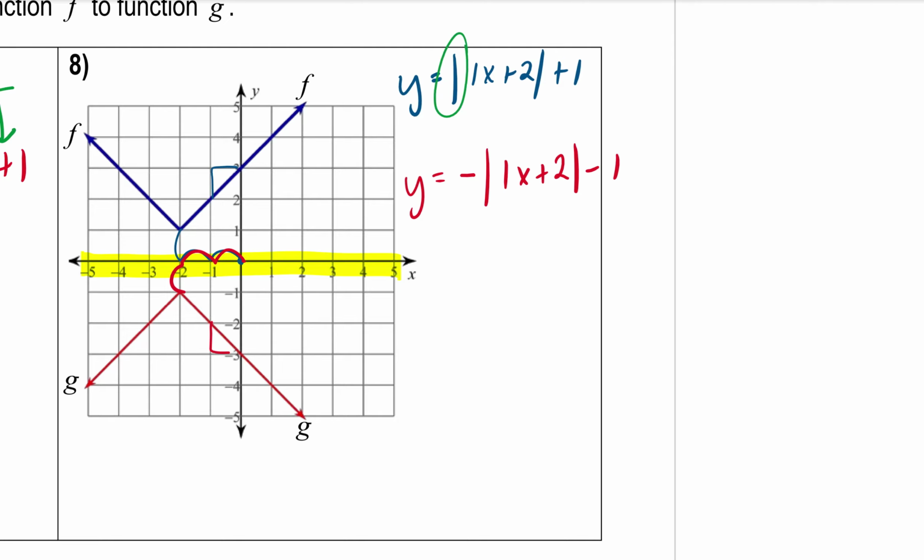My absolute value in the front, there's no sign making it positive, and now it switches to negative. Because remember, we can't change inside the absolute value. But then my +1 on the end changes to -1. So everything changes in signs, which would make it x-axis. So with or without the graph, I can still figure this out.